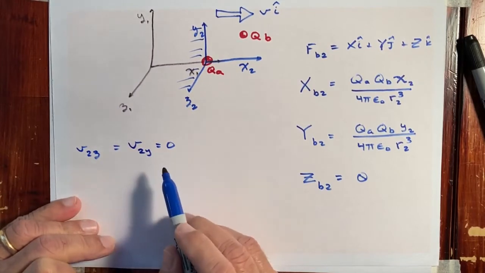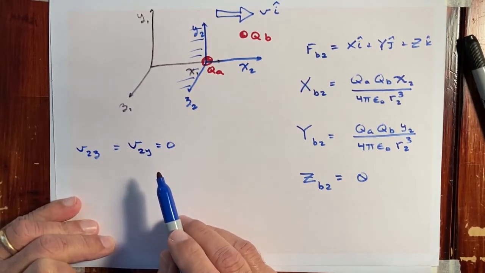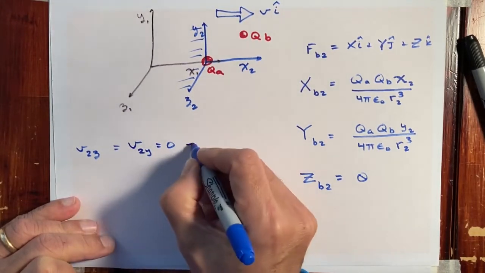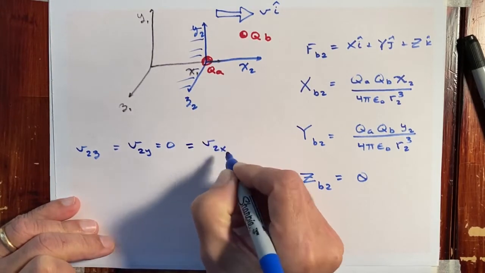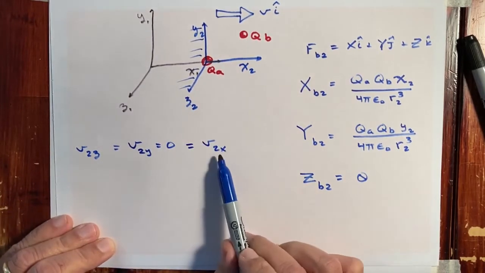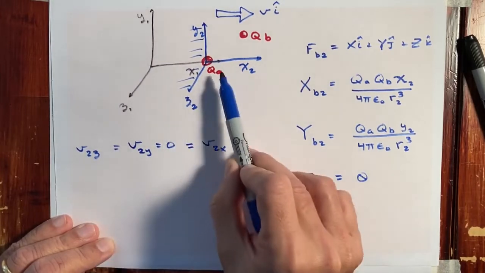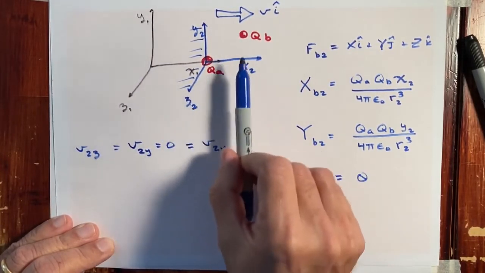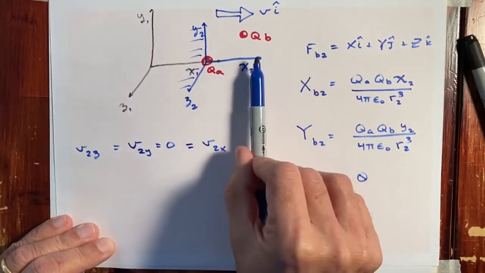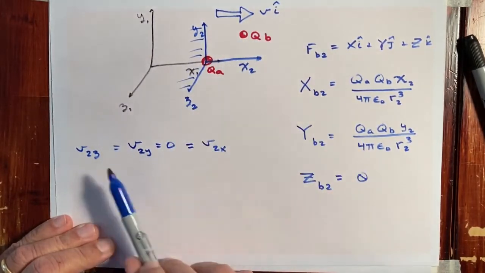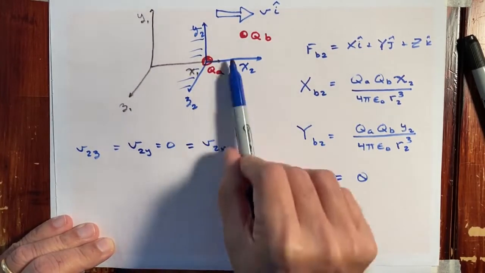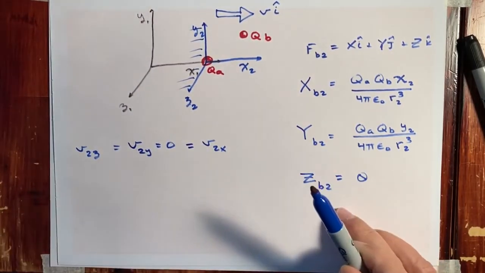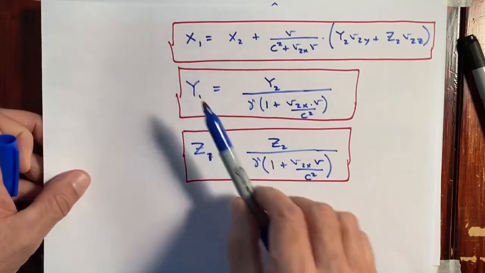So 2z and 2y are equal to 0. Actually, this is also v sub 2x. In other words, the velocity in the x, y, and z directions of particle A and particle B, for that matter, are 0 in that frame of reference. The entire frame of reference is definitely moving at velocity v, but the relative velocities in this frame of reference are 0. So that has a major impact on our equations.